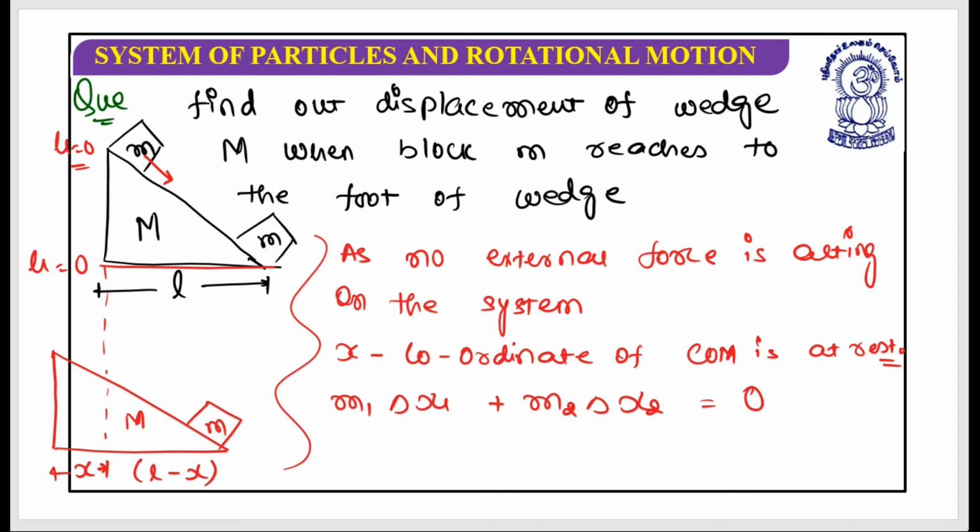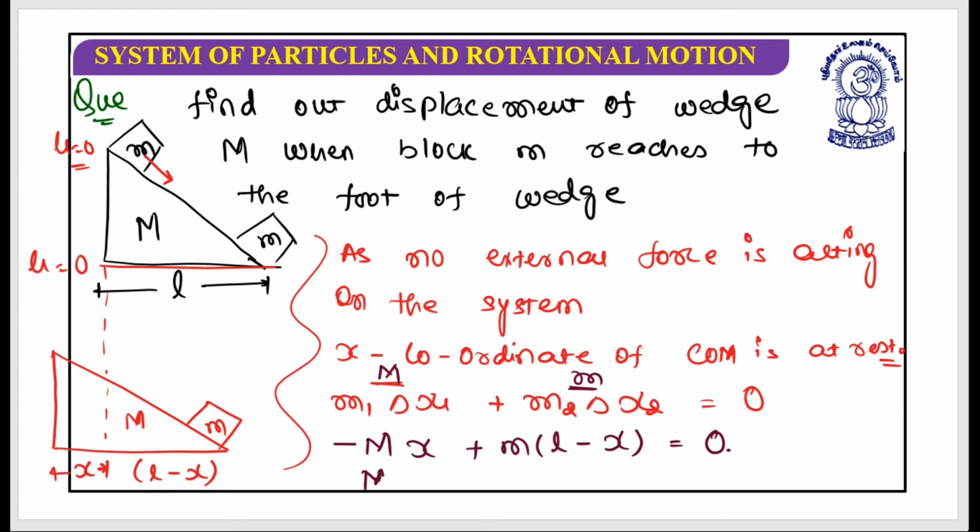So if M1 delta x1 plus M2 delta x2 is equal to 0, let's assume this is the wedge having mass M and this is the block having mass m. The wedge has been displaced in the negative x direction. So what I can write is minus M into x plus m into bracket L minus x, and that would be equal to 0.